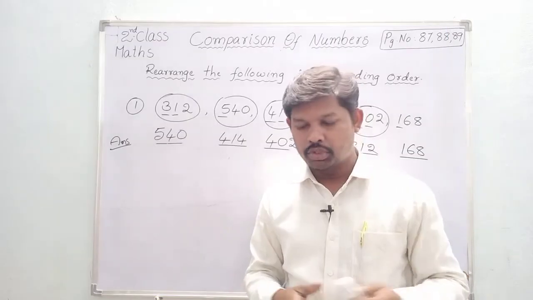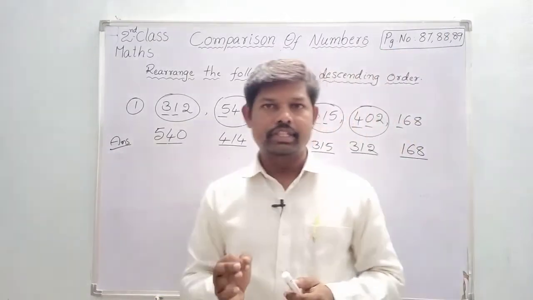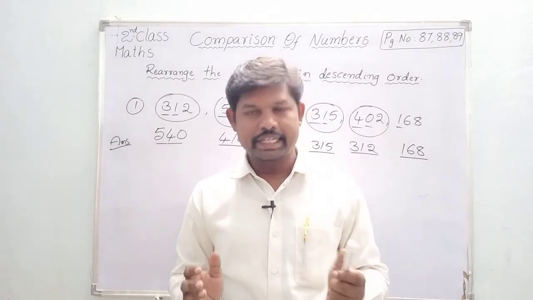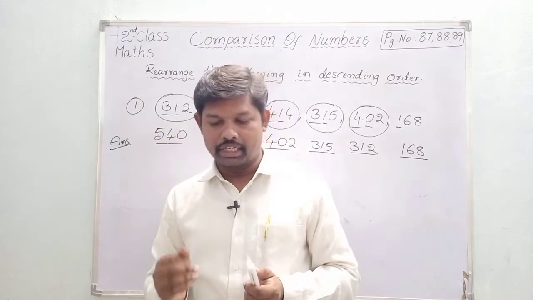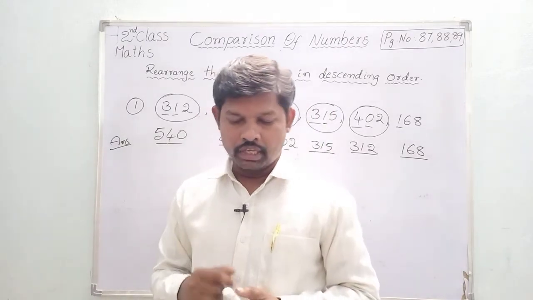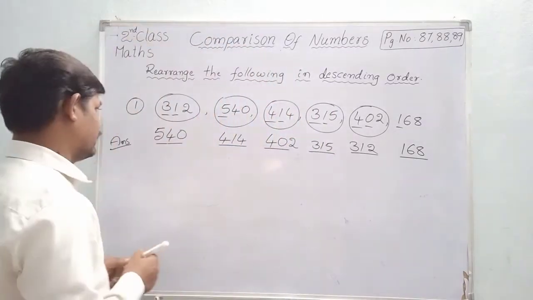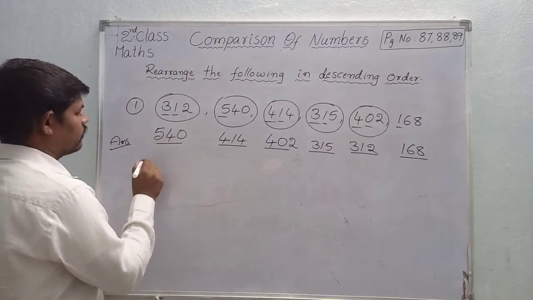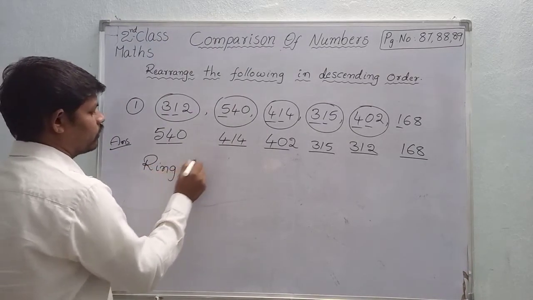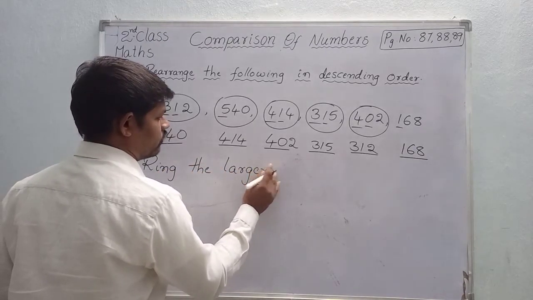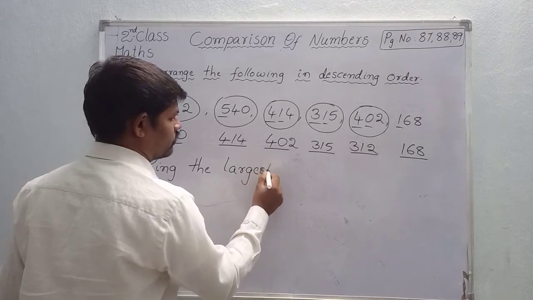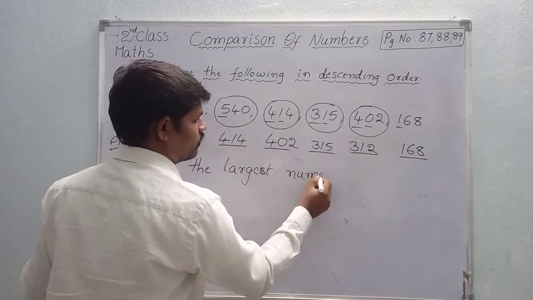And the next two problems: ring the largest numeral. So one set of numbers is given, and we have to find out just the largest number, and in another set the smallest number. I will tell you one, the remaining three you have to do. Ring the largest numeral.